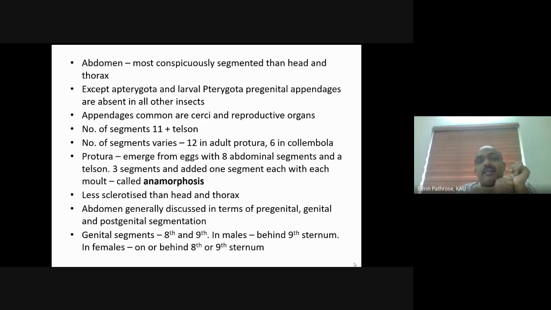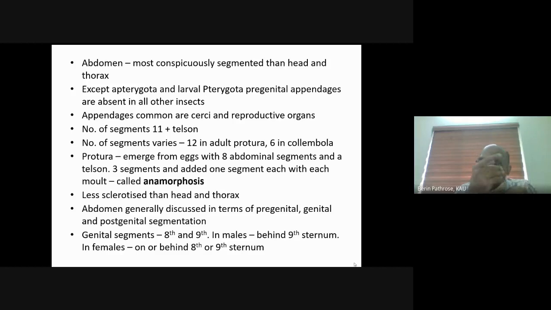In the same manner, though we don't see any appendage on the insect abdominal segments, the insect abdomen had the ability to develop appendages in each abdominal segment.